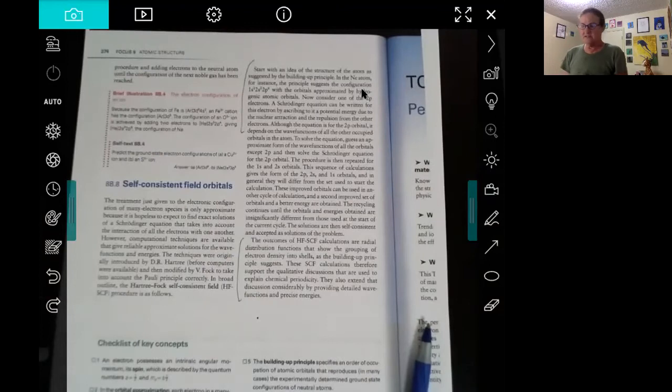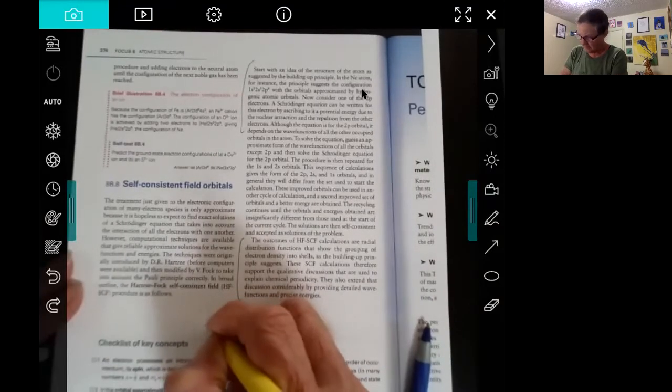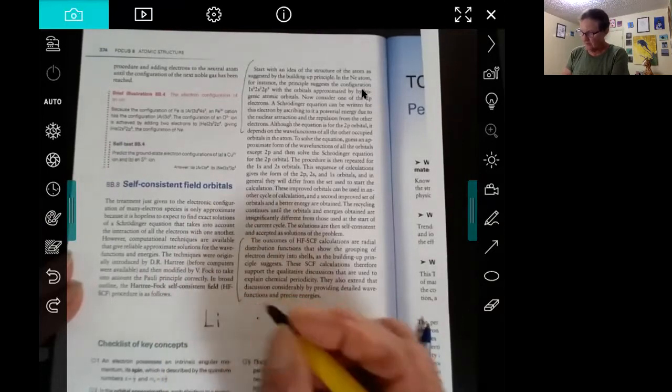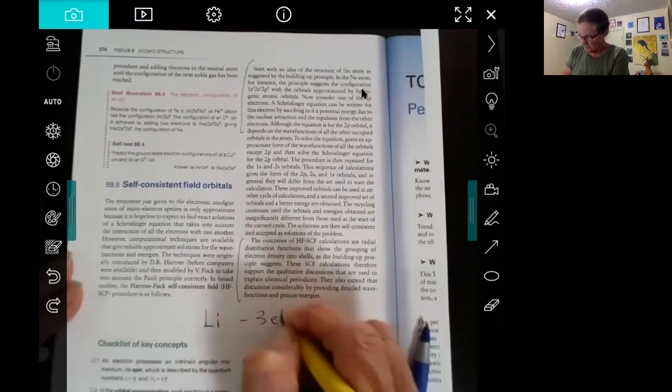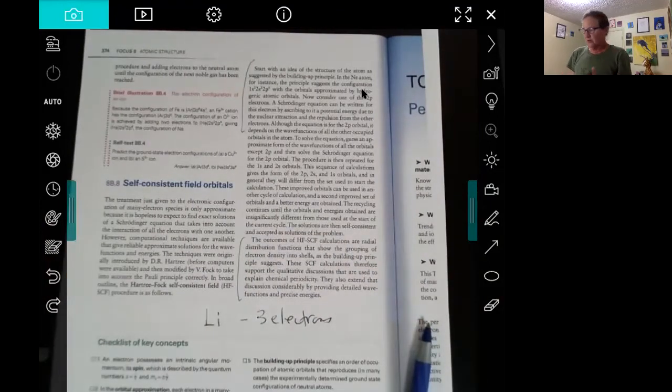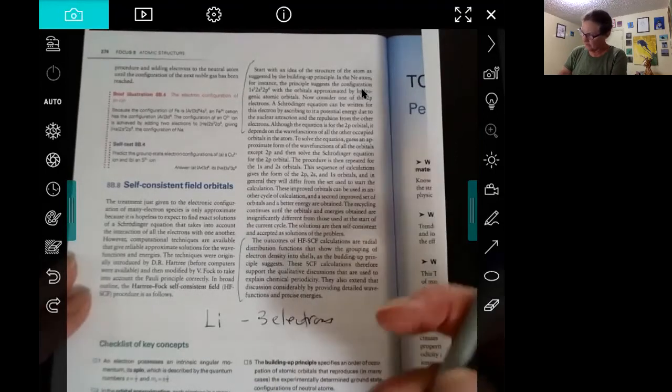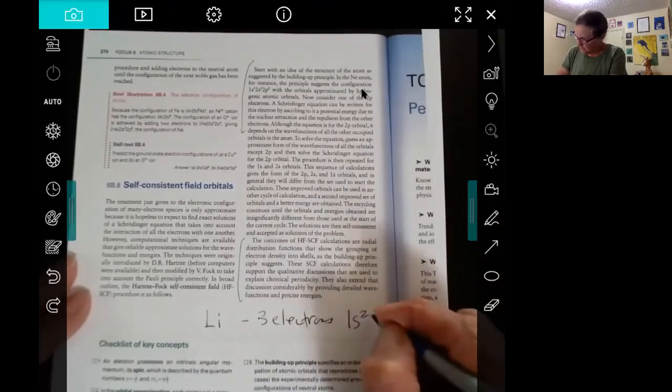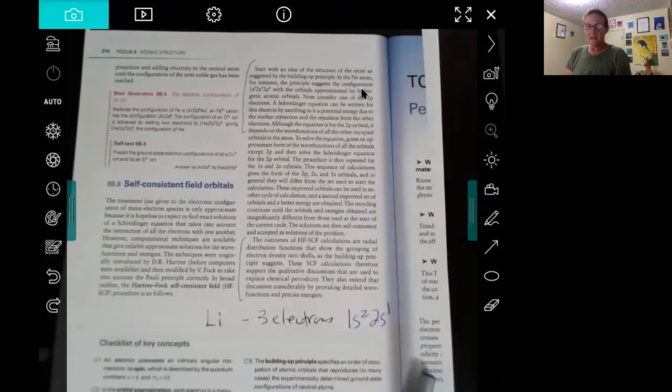So what that means is if you have something like, let's say we have lithium, and lithium has 3 electrons. So what we're going to do is put all 3 electrons into their orbitals. So it would be a 1s2, 2s1.